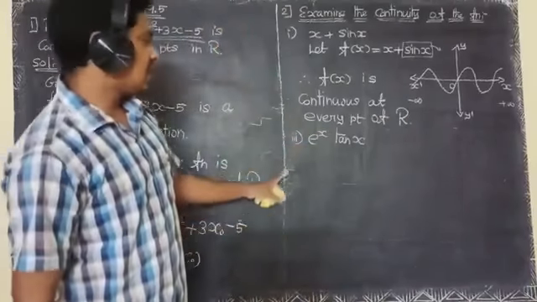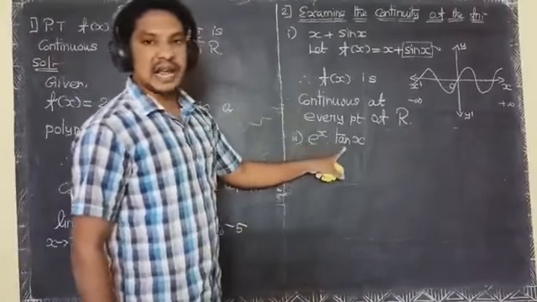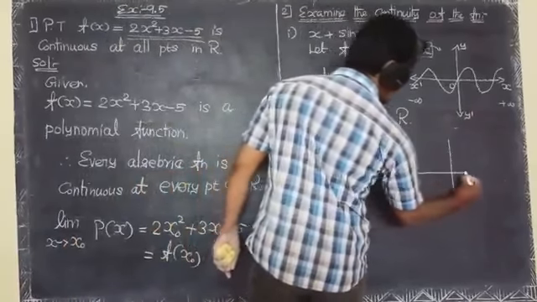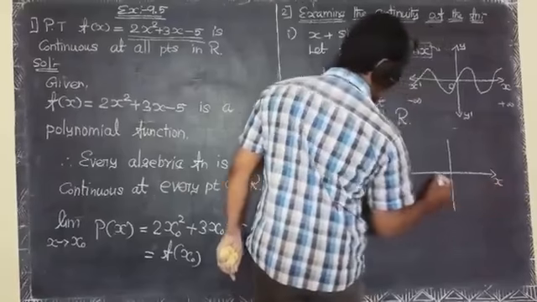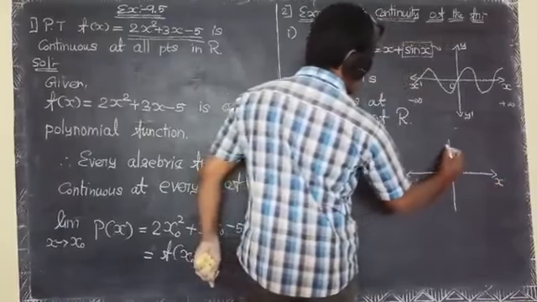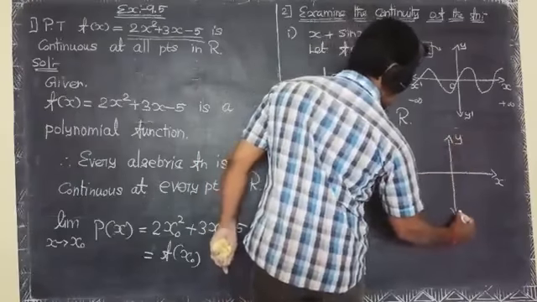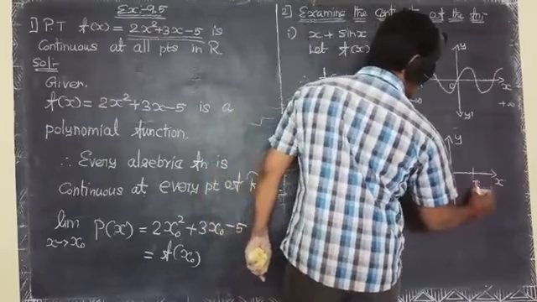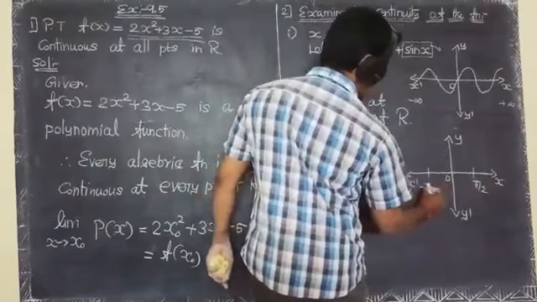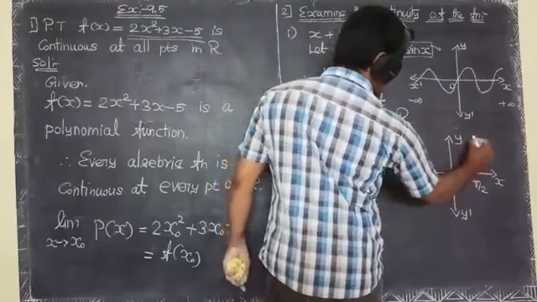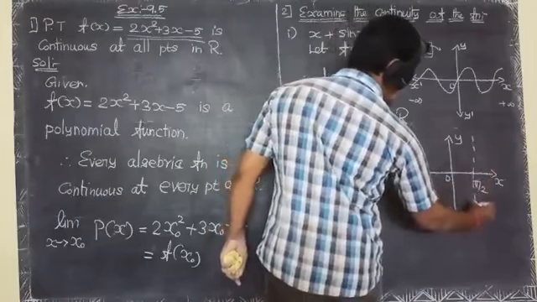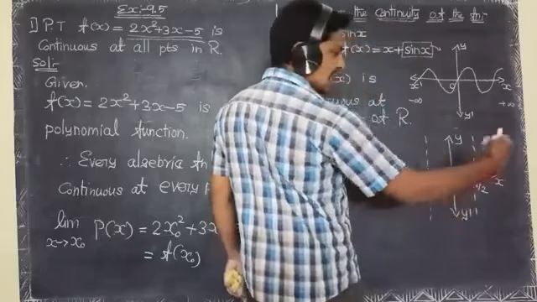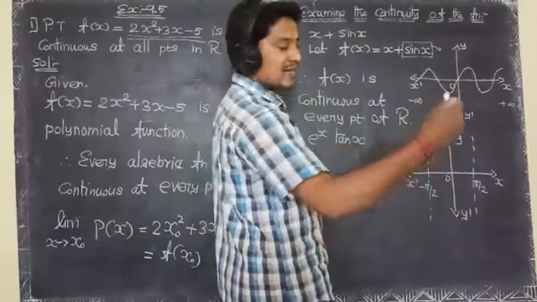The second one, the third subdivision, e power x into tan x. We know the curve tan x has vertical asymptotes at pi by 2, minus pi by 2, 3 pi by 2, 5 pi by 2, 7 pi by 2.